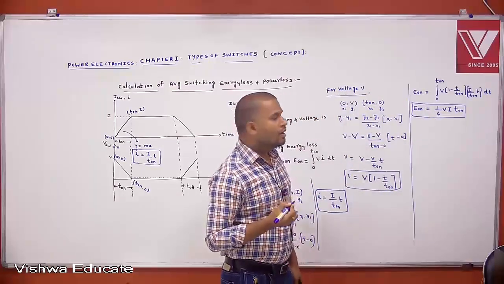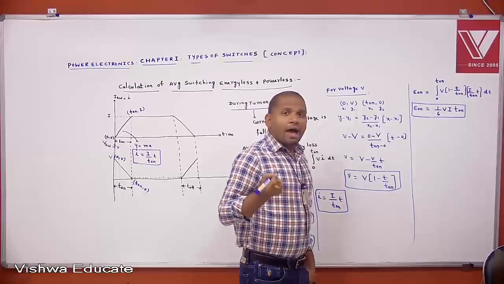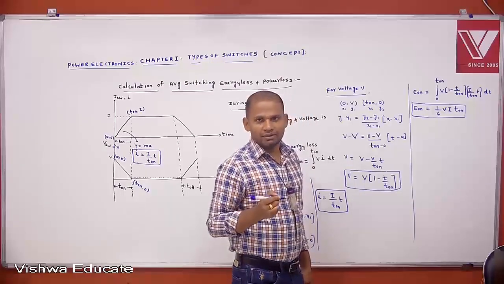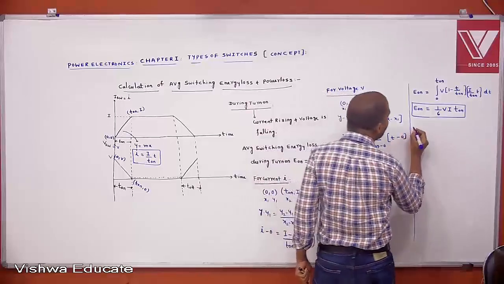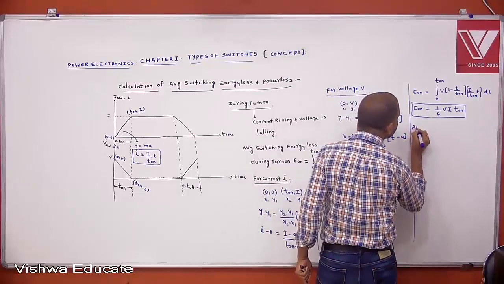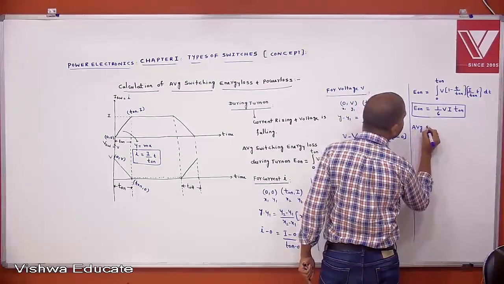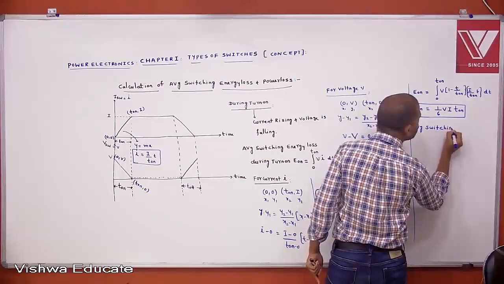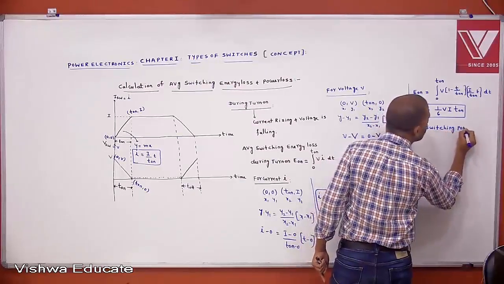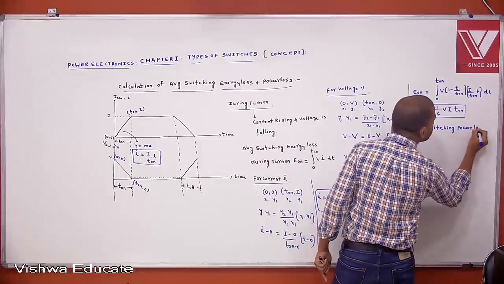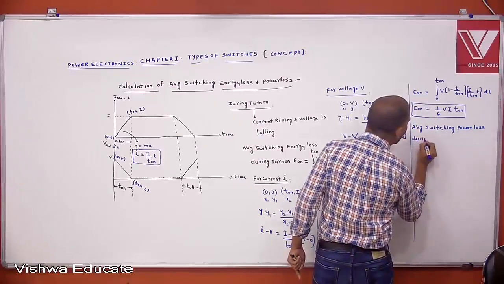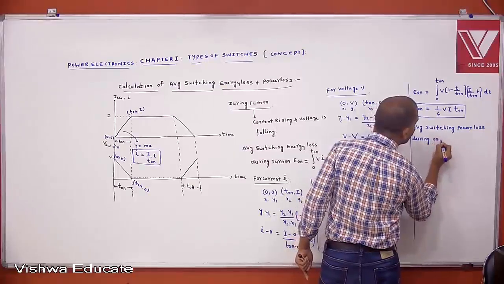Understood? But I want the average switching power loss during on state.